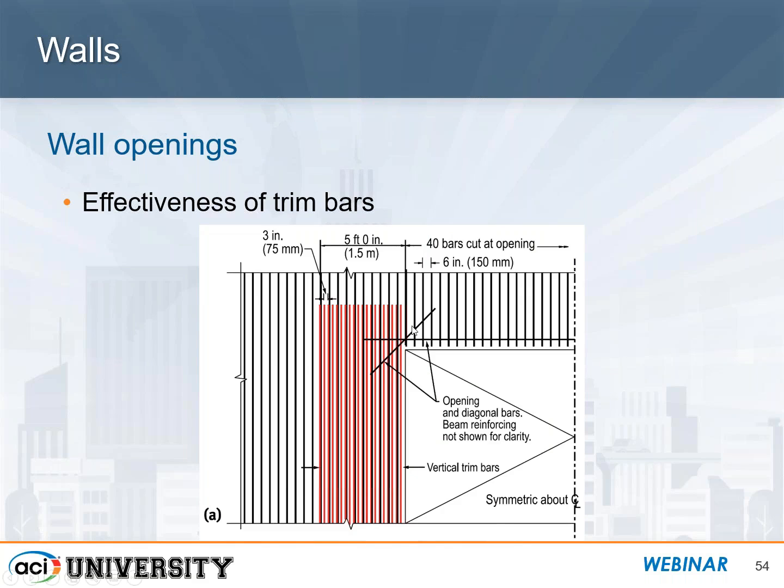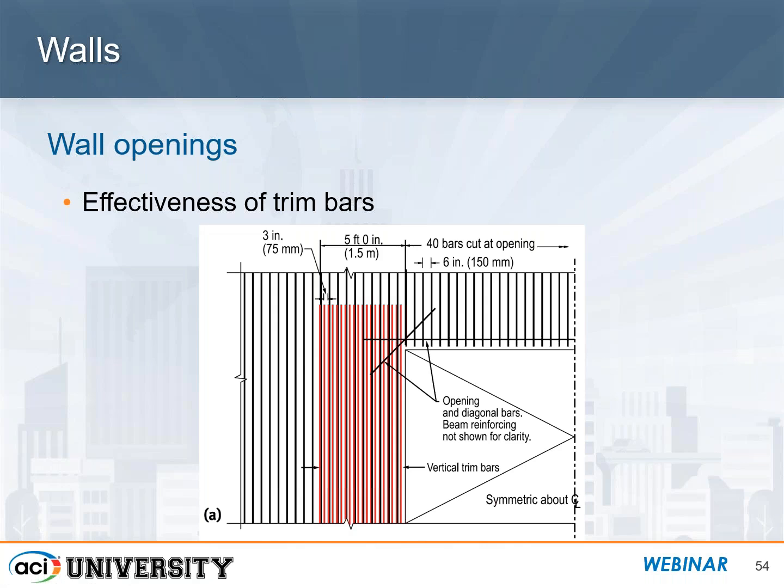Now, what about the case where you can possibly have quite a number of trim bars? If this is a fairly large opening and it's intersecting a lot of vertical steel in the wall, ACI 318 requires that half of that reinforcement that gets cut off has to be provided on either side of the opening. Now, if you use the same size bar, you may wind up with quite a number of bars, and then you have to start questioning, are these bars on the outside here really doing anything for us?